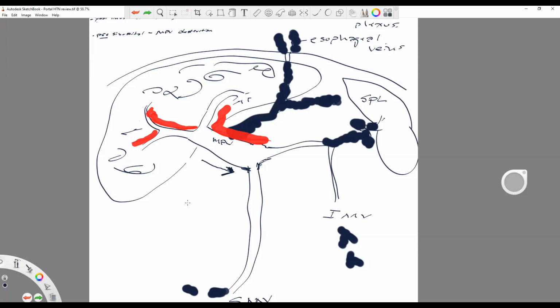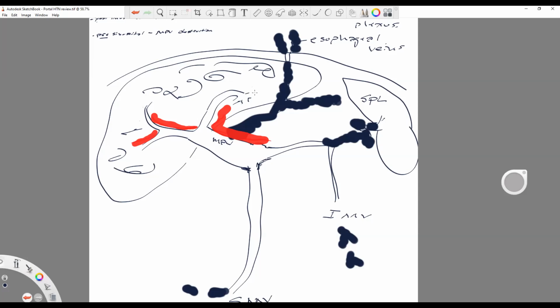That's not a really ideal situation. So what's another situation? Well, anytime it finds a reversal of flow and then back to the IVC somehow, that's a decompression route. Another decompression route is, you see the little man here.